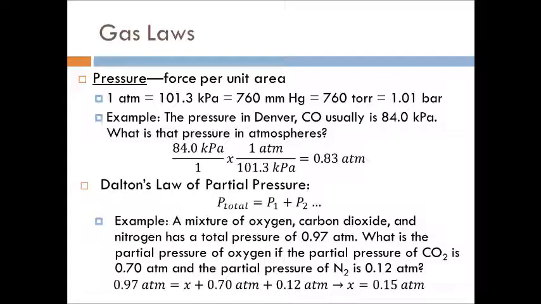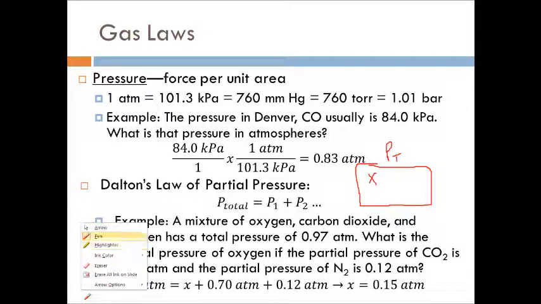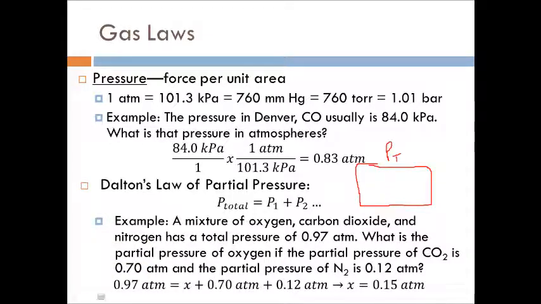Essentially what this is saying is, let's say we have a box and we have a bunch of gases in there. The total pressure of this box is going to be equal to the pressure of one thing plus the pressure of another thing plus the pressure of a third thing.